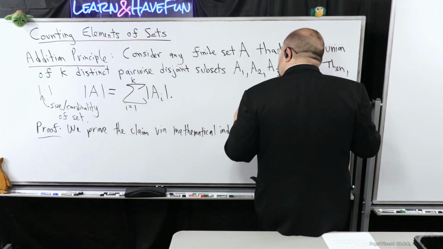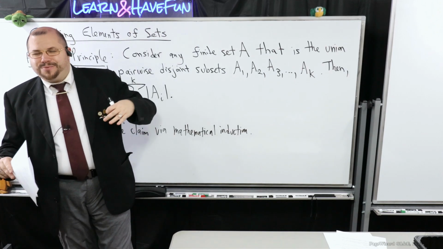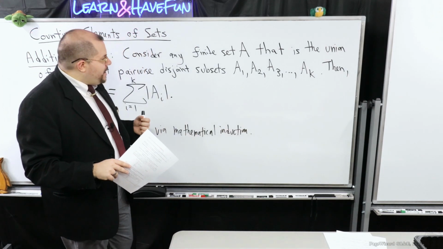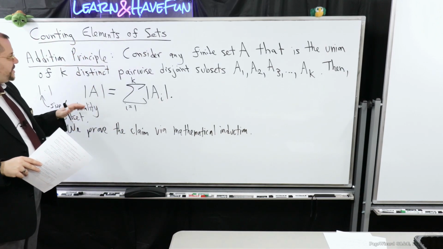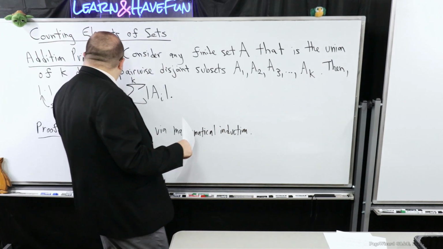So usually a good idea when you're proving something by induction, you need to state what exactly you're proving and what you're proving on. So in our case, notice that I have k distinct pairwise disjoint subsets. So a natural parameter for me to perform induction on is k.